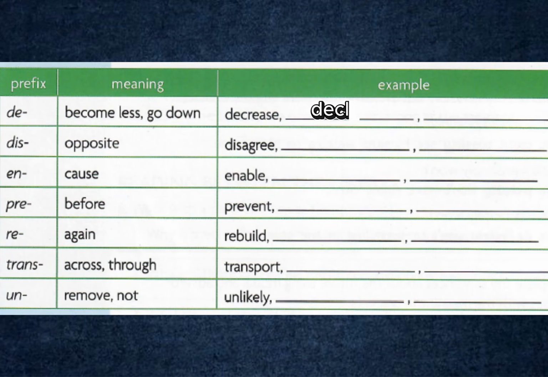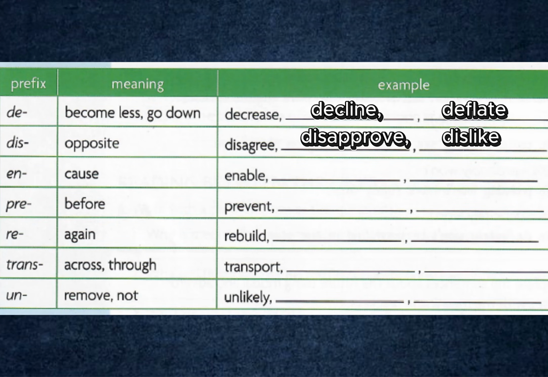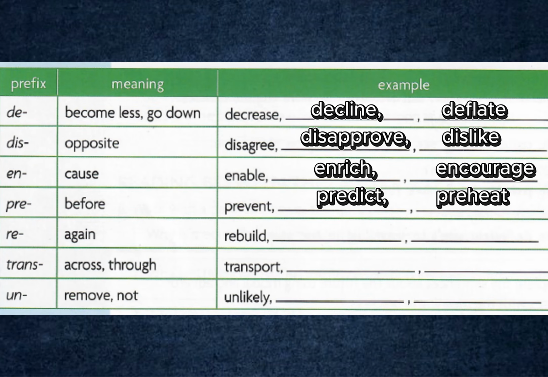For prefix de, decline, deflate. For dis, disapprove, dislike. For en, enrich, encourage. For pre, predict, preheat.